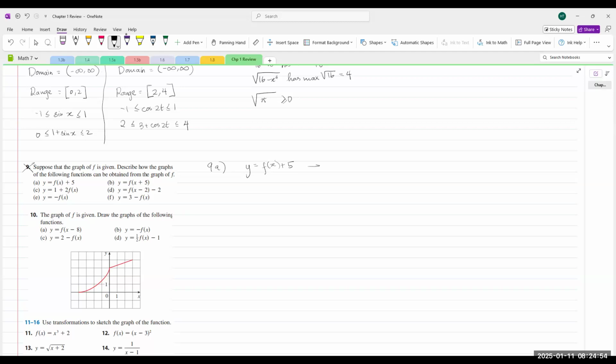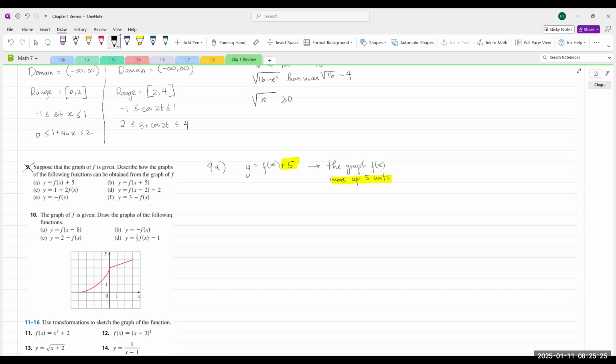The graph of f(x) moves up 5 units, right? Because we add 5 to the function, so we move up 5 units.